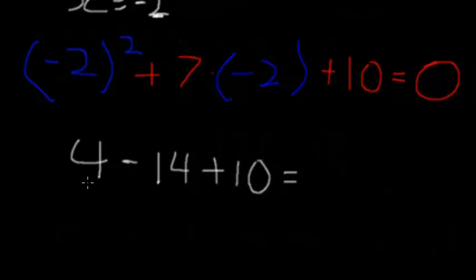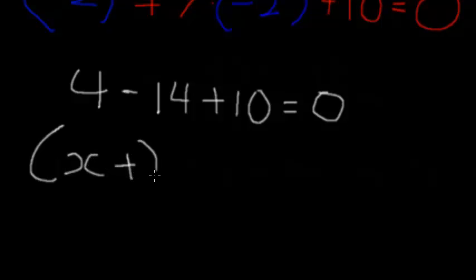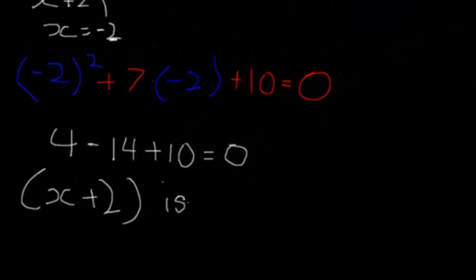And if we solve it, 4 minus 14 is -10, -10 plus 10 is 0. This shows that x plus 2 is indeed a factor of g of x.